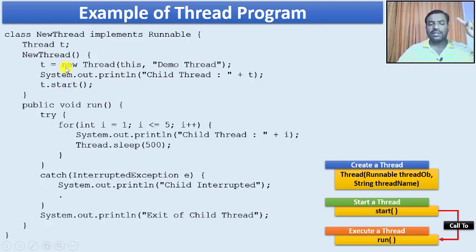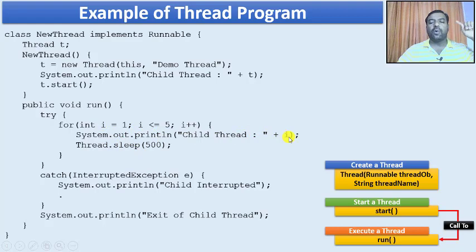I've created. Now I'm going to start the thread so that it's going to be in the runnable state. And this start in turn will call the run method. So hence you need not call this method. This method will be automatically, indirectly called whenever I call the start method. Clear? Hence in this run method, I'm just going to have a for loop from 1 to 5.